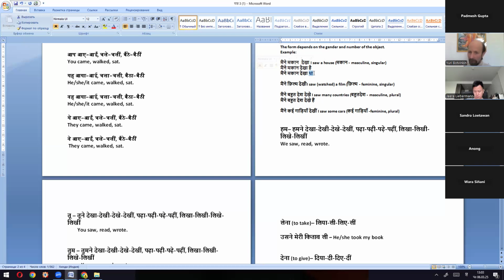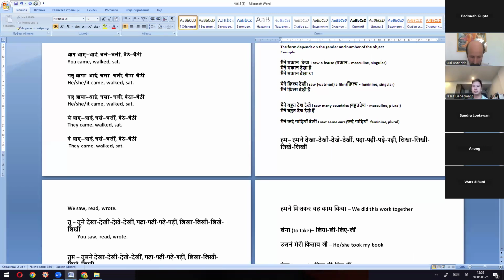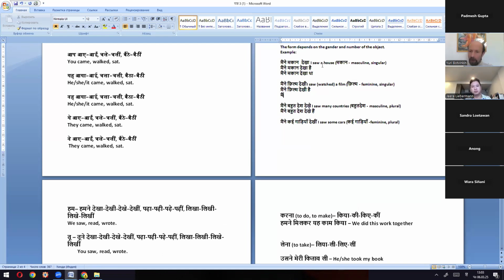Here, in past perfect, some gender difference will come. Because if about the film, we say like मैंने film देखी है. I have seen, I have watched the film. So here it will be the same as मैंने मकान देखा है, मैंने film देखी है.